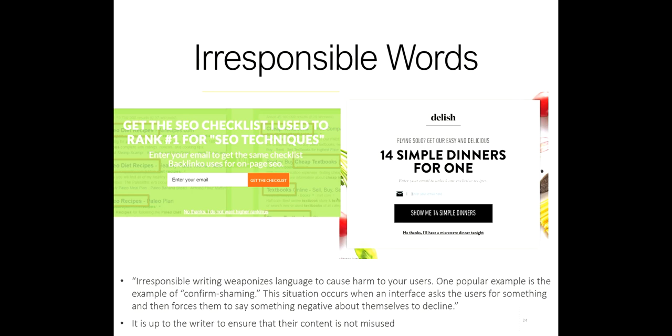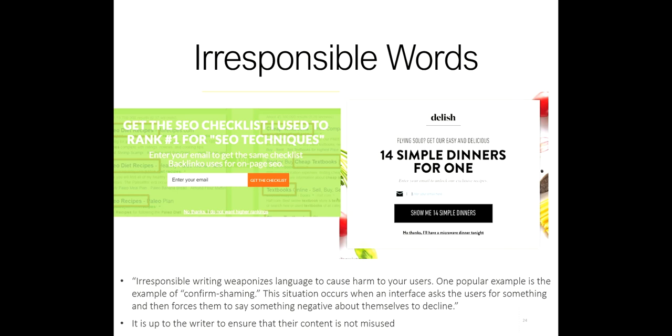Okay, and then the one we have for Delish, 14 simple dinners for one. Enter your email to unlock our exclusive recipes. And of course, the option for getting rid of the annoying pop-up in this case is no thanks, I'll have a microwave dinner for tonight. It's like, oh, yikes. You really don't want to have the users necessarily feel bad about themselves for dismissing an annoying pop-up.